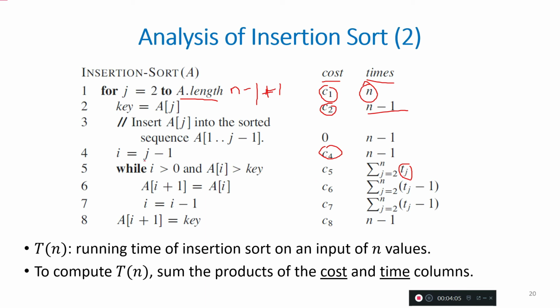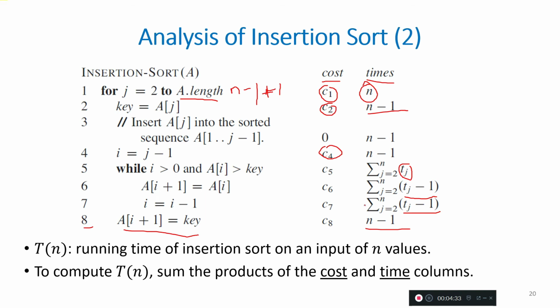So everything inside the while loop will always have a -1. Therefore, we have Tj -1 for every instruction inside the while loop. The last instruction, instruction number 8, is outside the while loop, and it is an assignment instruction. That's why it would have n-1 executions, similar to instruction number 2 and 4.